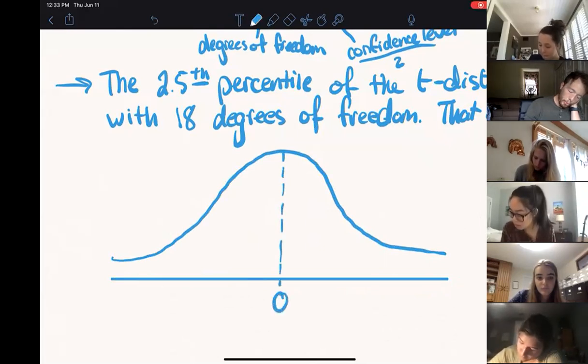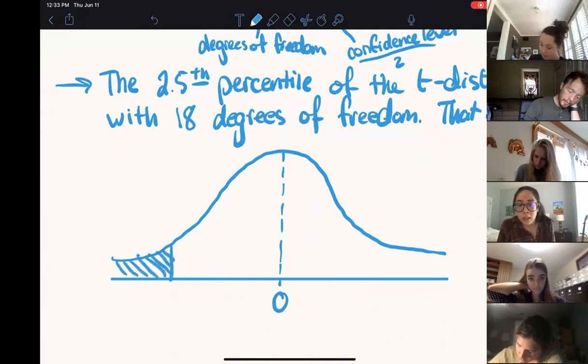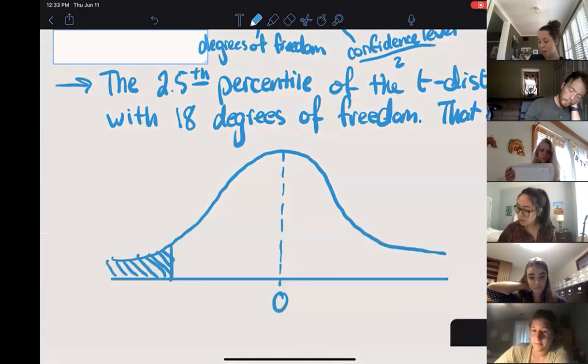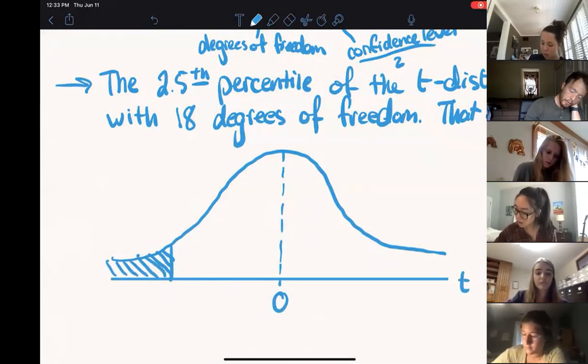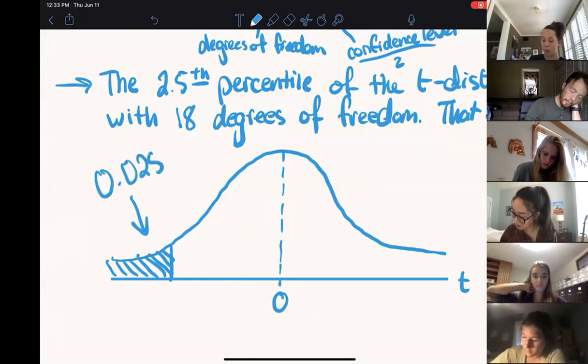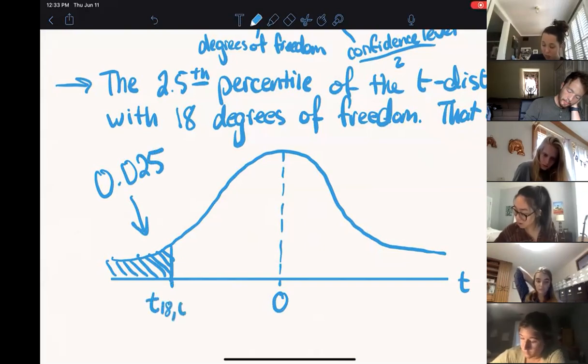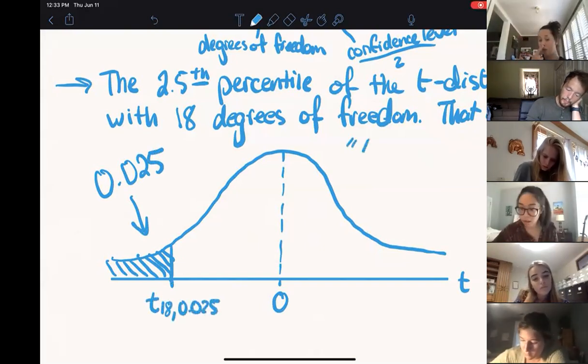And I want to know the point on this axis, which I'm going to call the t-axis, where this area and below it is 0.025. And this value right here, whatever it is, is the value that I need. And this is the t distribution.